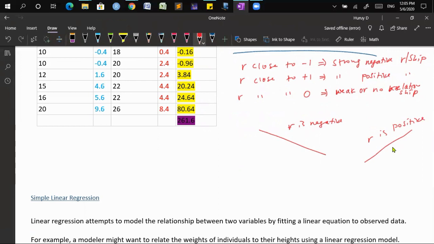If you remember in algebra, positive slope indicates an increasing line, negative slope indicates a decreasing line, and if the slope is 0, then you have a horizontal line. This is similar. If you have a value very close to 0, on the negative side or on the positive side, then it tells us there is no association between those two variables.